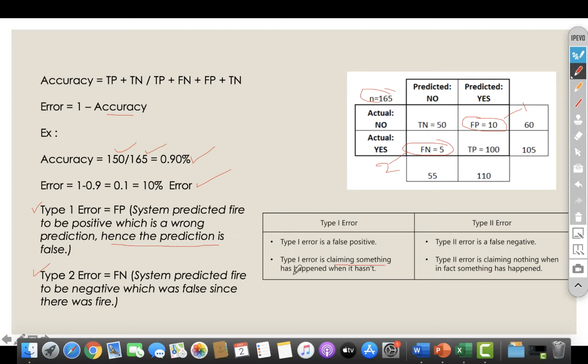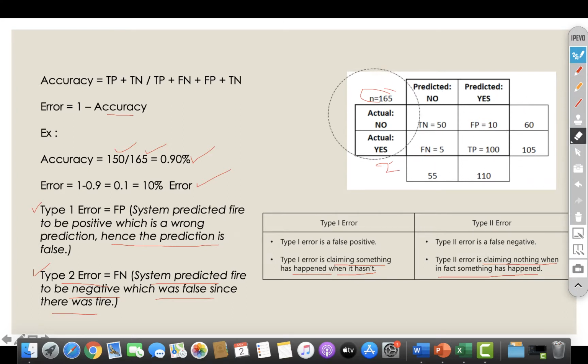Claiming something has happened when it has not happened. In type 2, false negative, the system predicted fire to be negative, which was false since there was a fire. Claiming nothing when in fact something has happened. So these two are the type 1 and type 2 error.